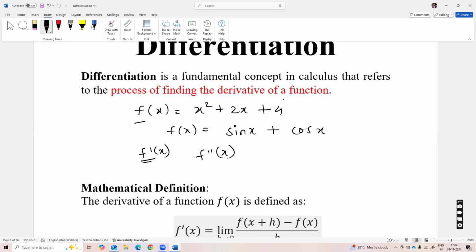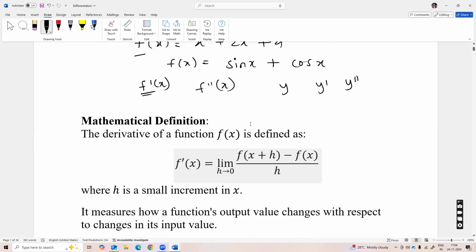If you write your function as y, then its derivative can be written as y dash, and again as y double dash. Let's begin with the definition of derivative.